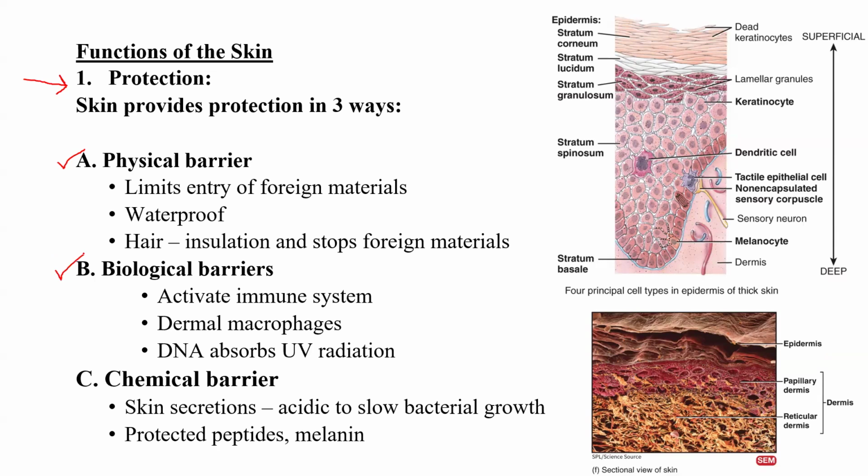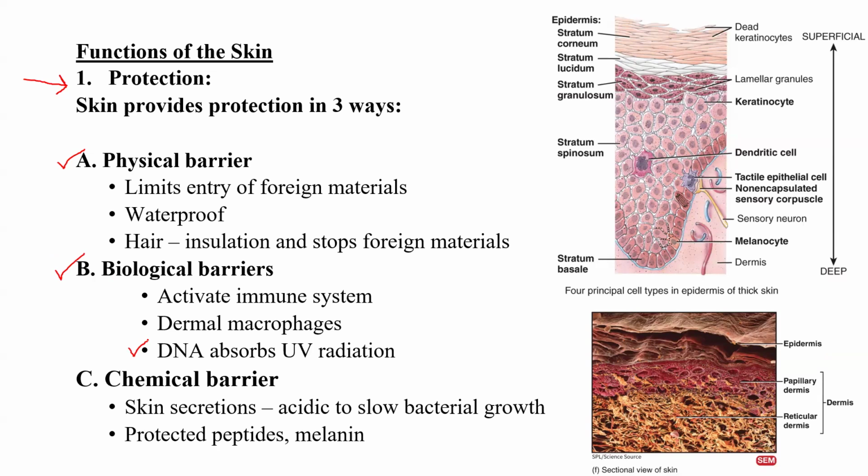What you may not have appreciated as well is that it's a biological barrier as well. It's a huge part of your immune system. In fact, this is oftentimes the first line of defense for your immune system. DNA absorption via the melanocyte secretions we talked about on Friday. Great biological barrier, right?